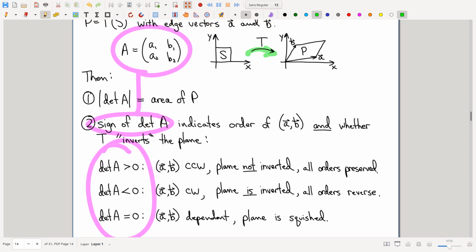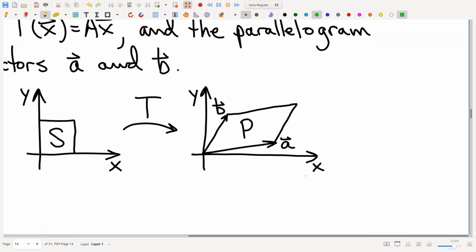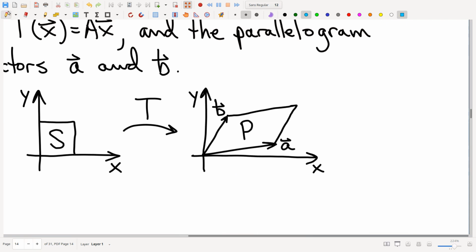For example, if I were to switch these vectors, if I were to say that the image of E1 was this, let's suppose that's what A was, and let's suppose that this was my B, namely that was my image of E2.